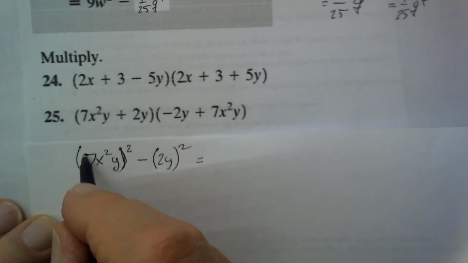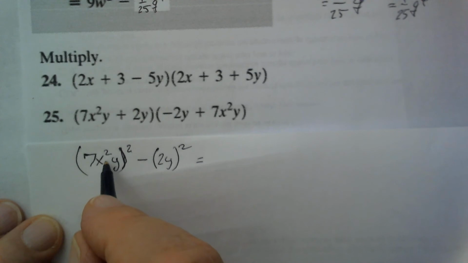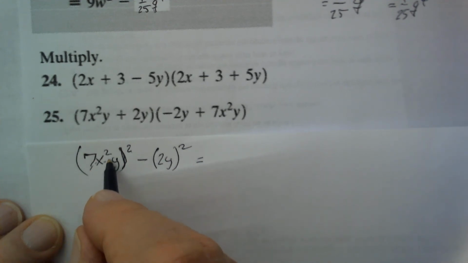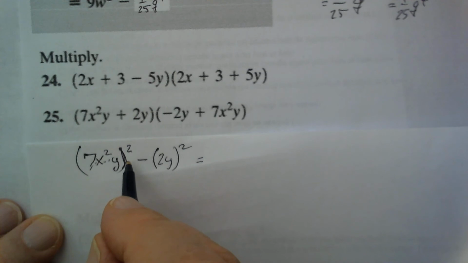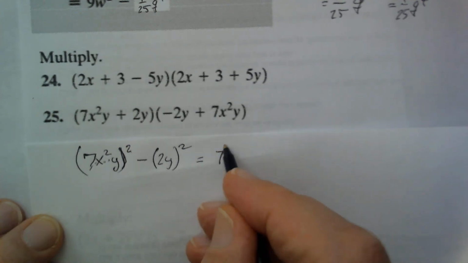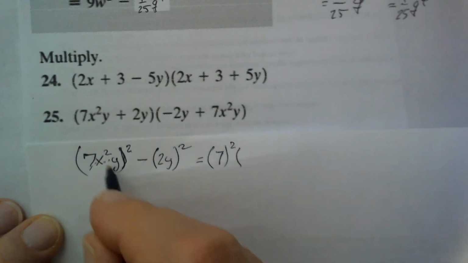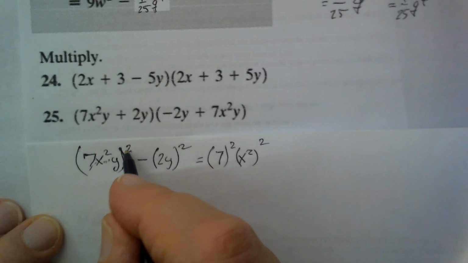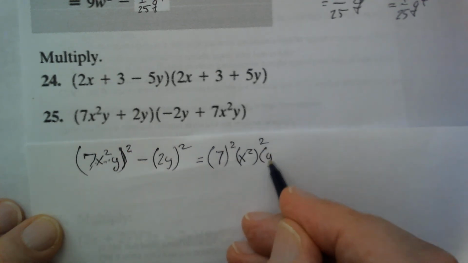So again, we're applying the power of a product. That means we raise each one of the factors, and the 3 factors are 7, x squared, and y. These are all factors. We raise each factor to the second power. So let me write it out as 7 squared, x squared to the second power, and then y squared.